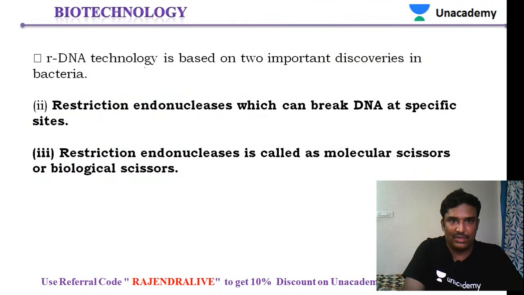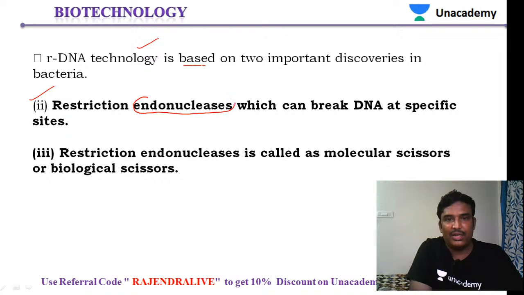Next, recombinant DNA is based upon two important discoveries. Just now we have seen the discovery of the plasmids. After the discovery of plasmids, the discovery of restriction endonucleases took place. Nearly, or more than, 900 restriction enzymes have been identified till now.